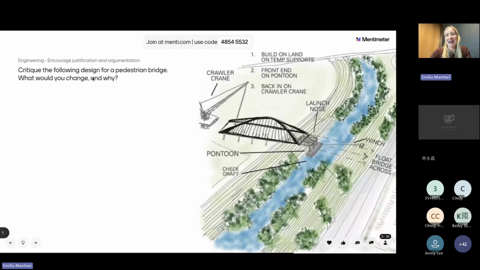That's really how you can make sure that your students are developing their argumentation skills. They are really able to not only understand what they're talking about, but really explain why something is faulty or how something can be improved. Let's see if we have any brave souls who dare to challenge this design.